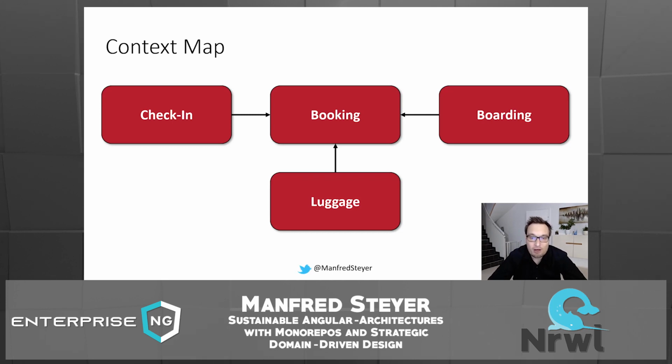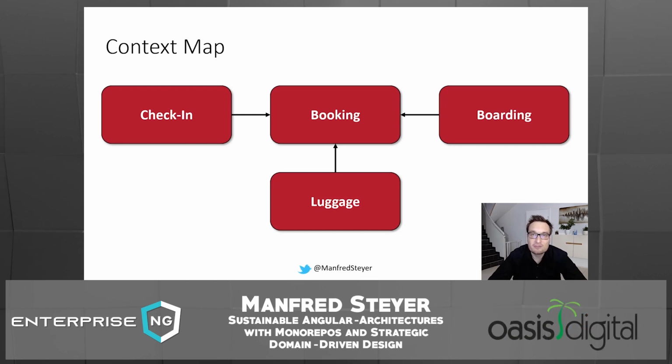But giving all of them direct access and full access to booking is not a good idea. Because in this case, a change within booking would influence all the other domains. You would be capable of breaking the whole system just by modifying booking.